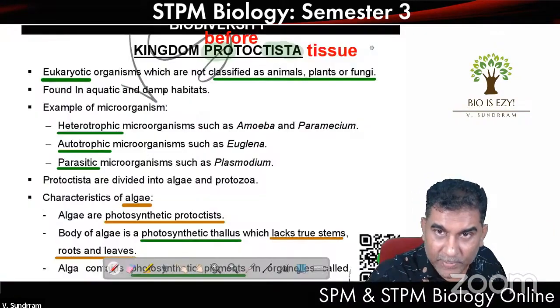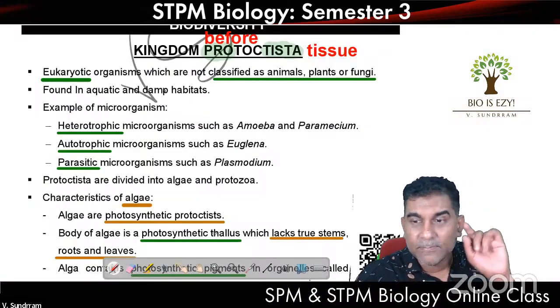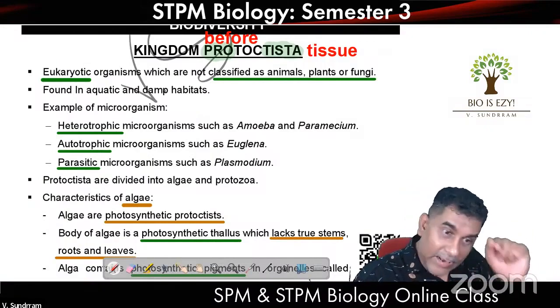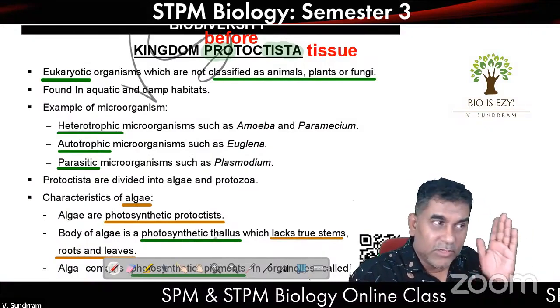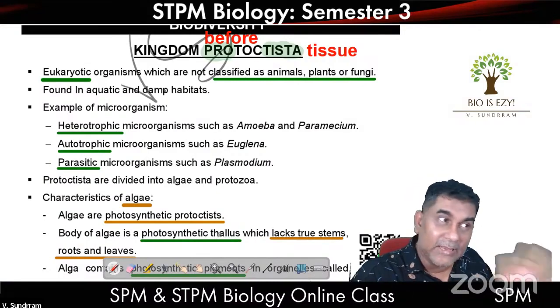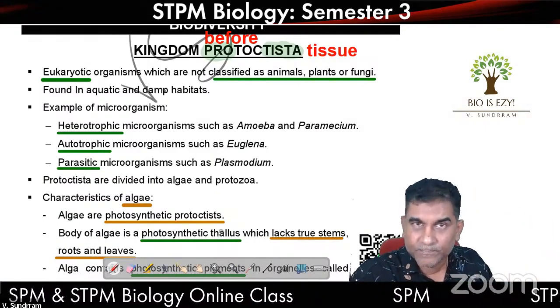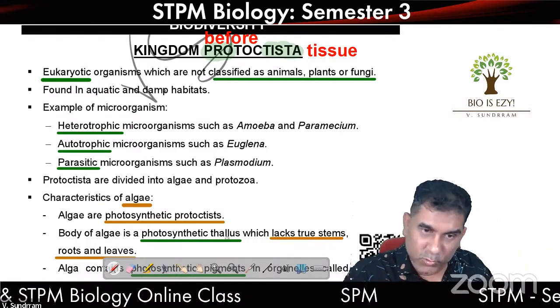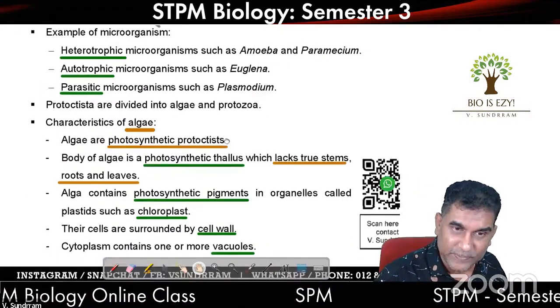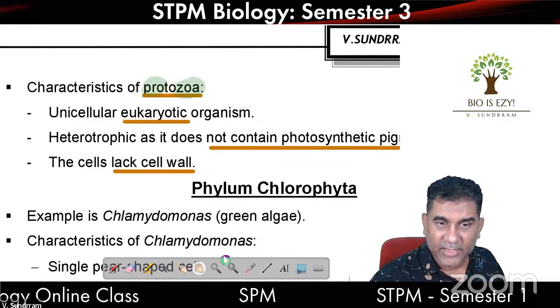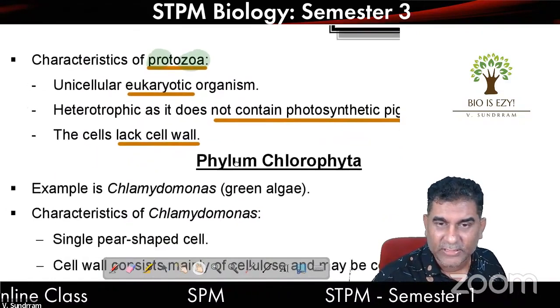So for the moment, we already described kingdom Protoctista. Under this kingdom, we need to give one example of algae and one example of protozoa. That's what we have in the next page. In the next page, we have phylum Chlorophyta.